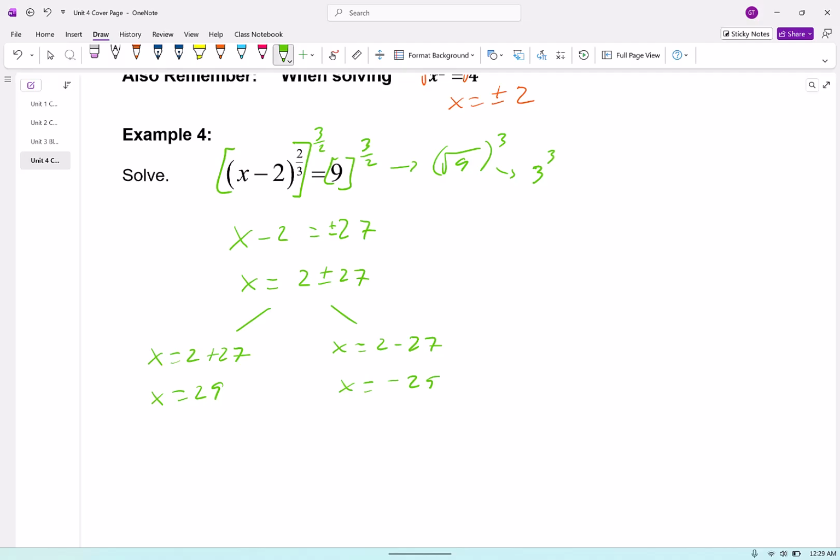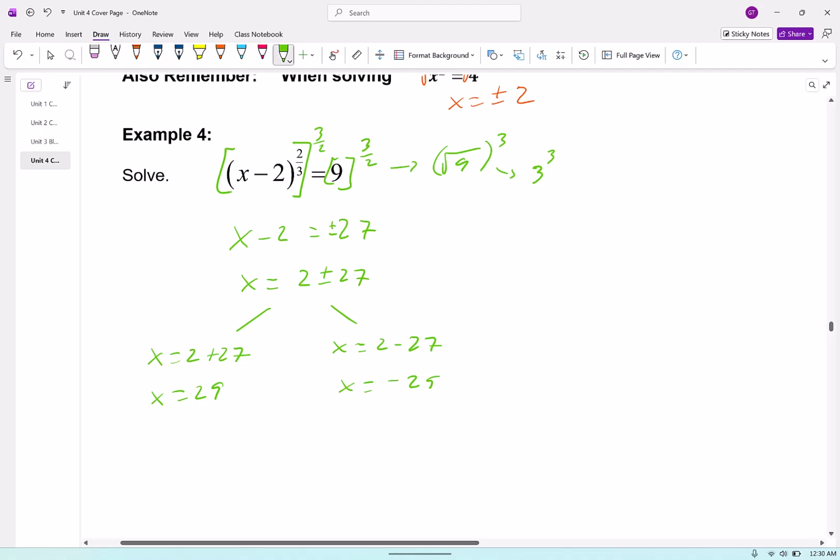You can plug each of those back in. 27 minus 2 is 25, and then you take that to the 2/3 power and you end up getting 9. What happens is you take the cube root of 27, which gives you 3, and 3 squared gives you 9, so that checks out.